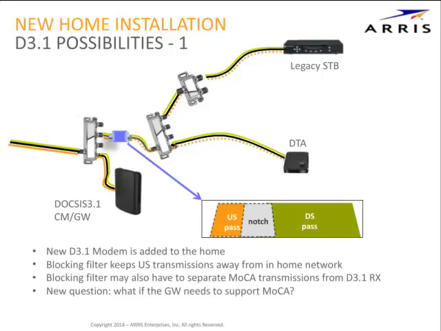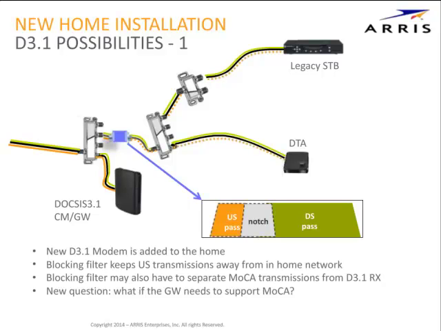So just to briefly cover a couple of possibilities, when you're looking at how you would install this new box in a home, one possibility is you would install it more or less like a cable modem now, but you would need to install a filter, and I've shown that in blue. And this filter needs to at least have a notch that lets the 5 to 42 still go in, so say an old legacy set-top box can still work.